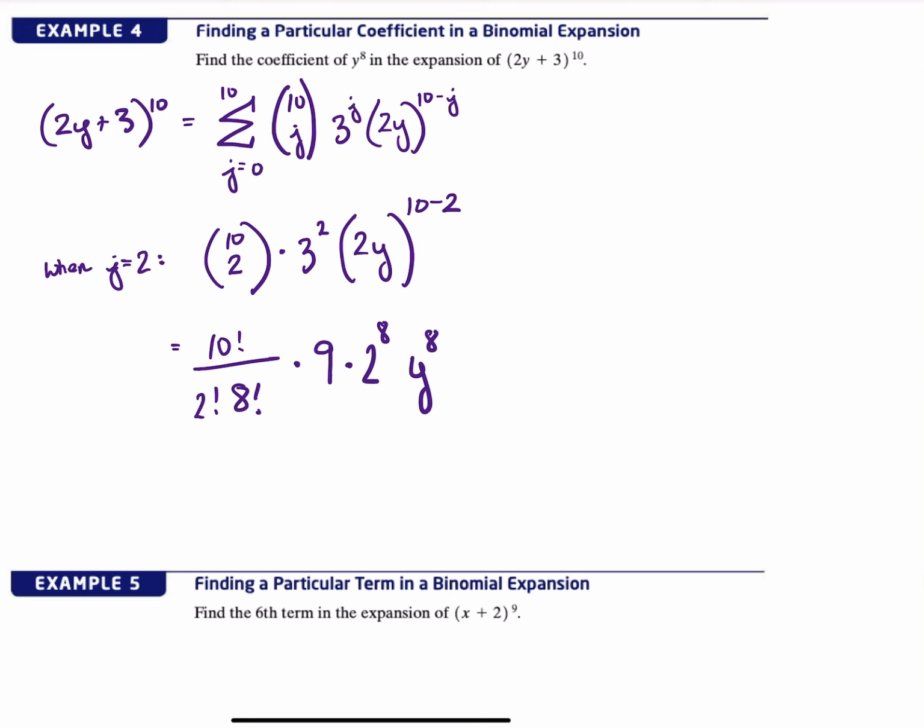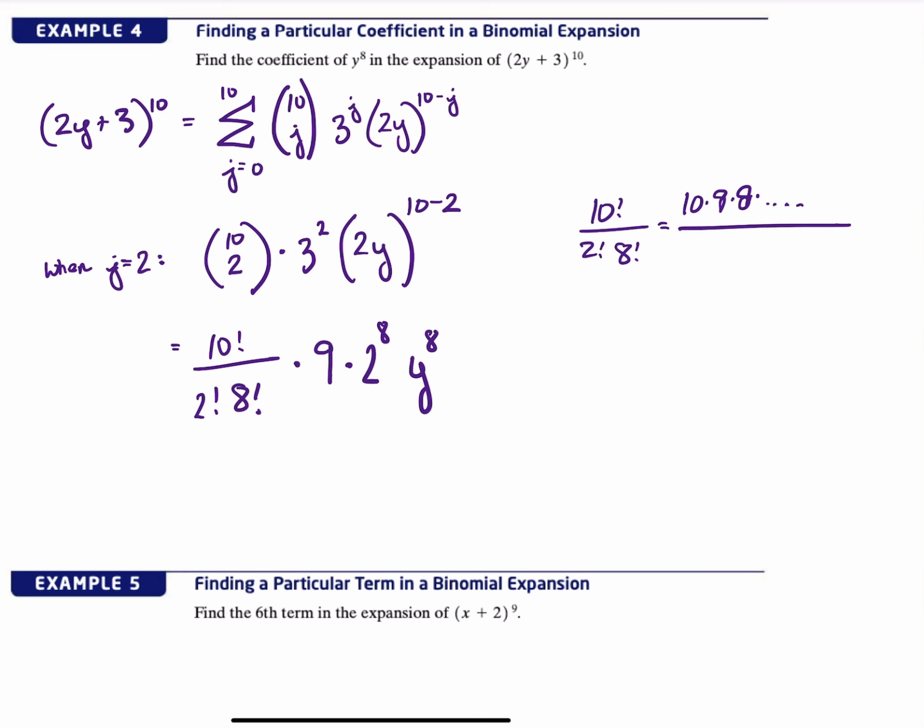So this just wanted the coefficient, so we need to find out what all of this is equal to. So let's see. 10 factorial over 2 factorial times 8 factorial. Well, this will be 10 times 9 times 8 over 2 times 1, and then times 8 times 7 times 6.